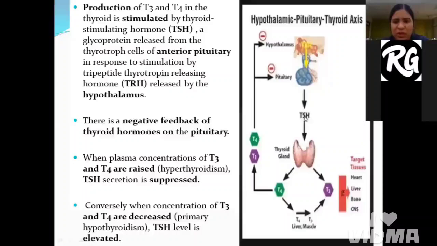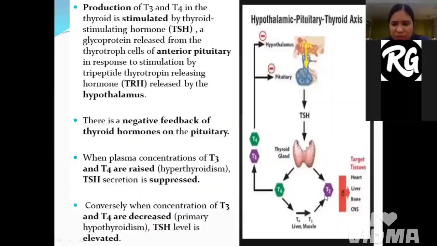So these are stimulating hormones. Thyroid stimulating hormone, as the name suggests, will stimulate the thyroid gland. It will bind on the receptors on the thyroid gland and will produce the thyroid hormones T3 and T4.